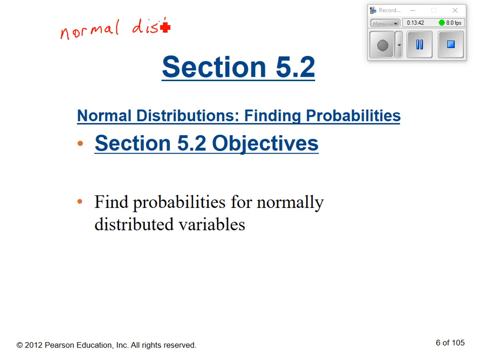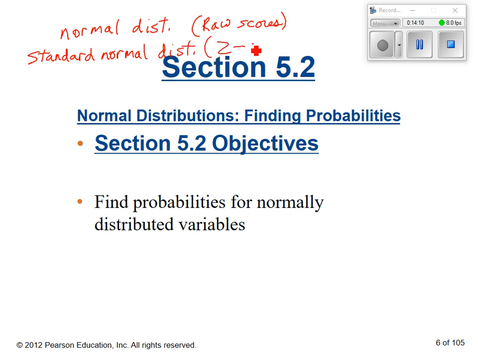is you have normal distributions. That's using raw scores. So your numbers might be like 750, 220, 180, whatever. Then you have standard normal distributions.